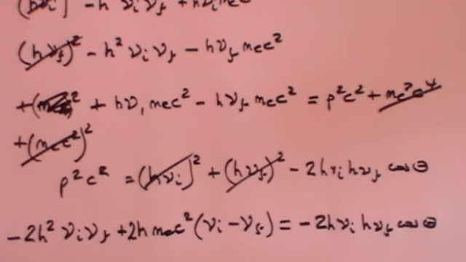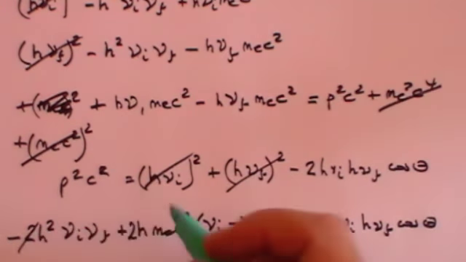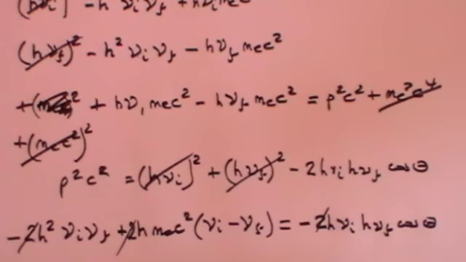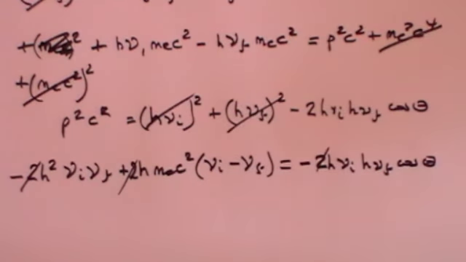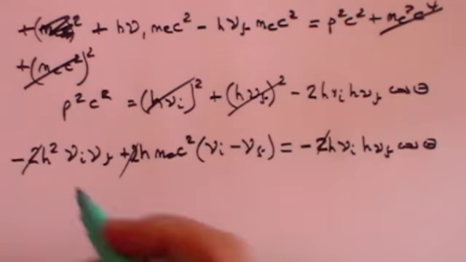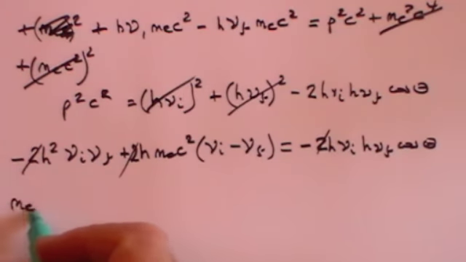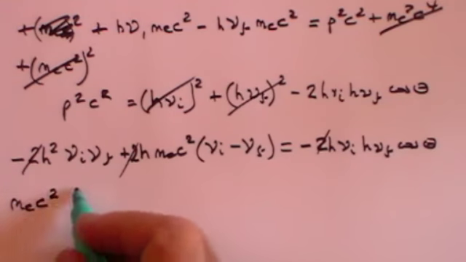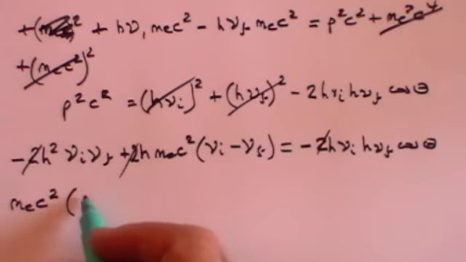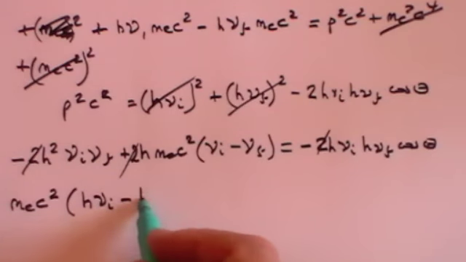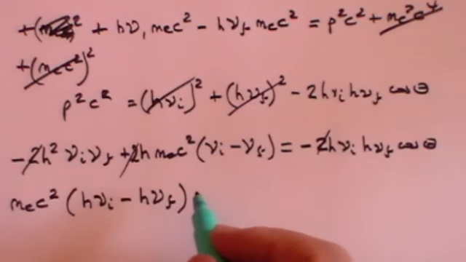And the first thing you can do is to divide through by 2 throughout, so all the 2's go. Then I'm going to take this term here and write it like this. That is mec squared into, taking the h inside in each case, (h nu I minus h nu f).